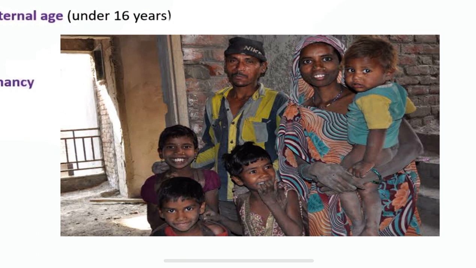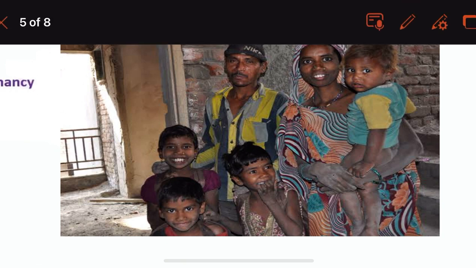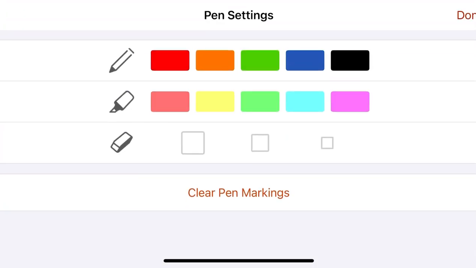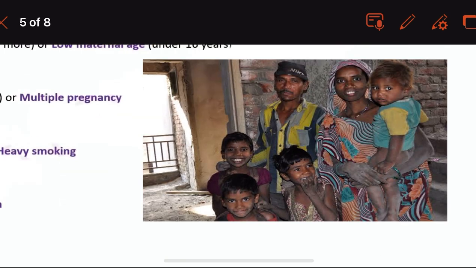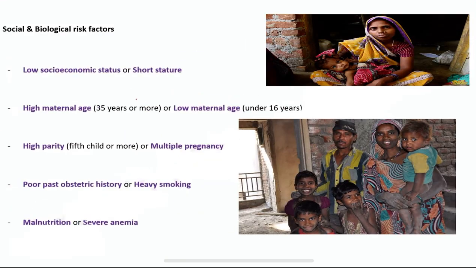Then it could also be heavy smoking, malnutrition, severe anemia, and one thing we forgot was short statured women. Okay, short stature. So these are the social and biological variables.